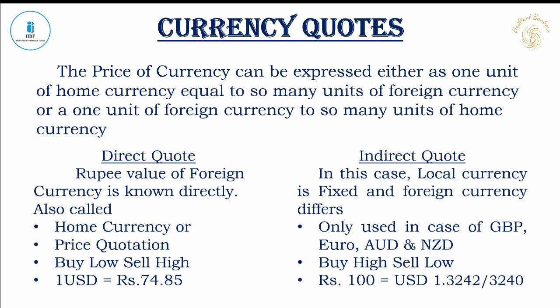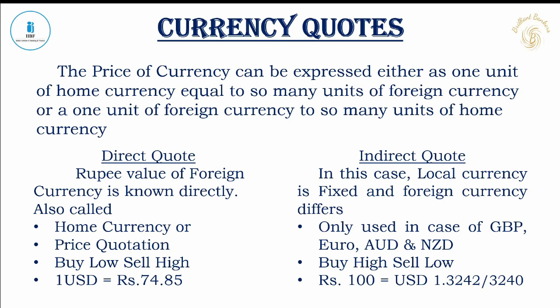What is an indirect quote? In this case, the local currency is fixed and the foreign currency differs. In our case, it is fixed at 100 rupees, and the US dollar differs. This is normally used in the case of the Great Britain pound, Australian dollar, euro, and the New Zealand dollar only.